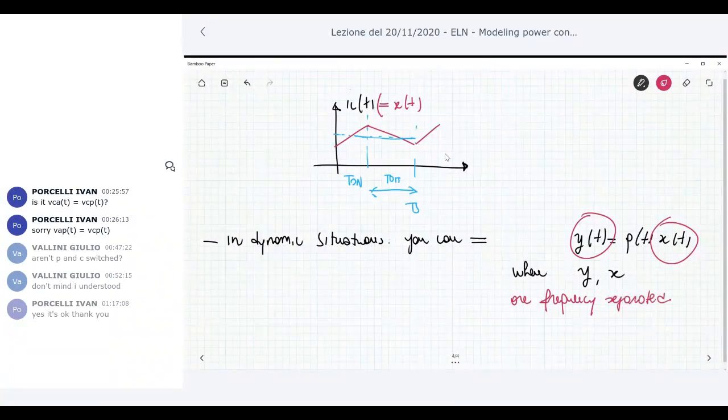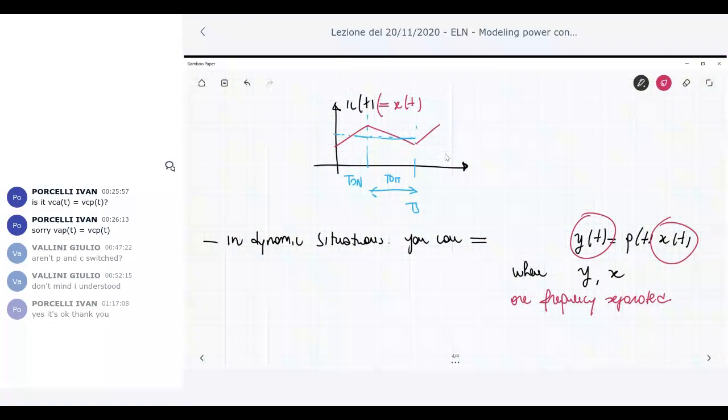What does it mean? That one of the variables has a spectrum which is concentrated at low frequency, and the other variable has a spectrum which is concentrated at higher frequency. So they have totally different behavior in frequency.